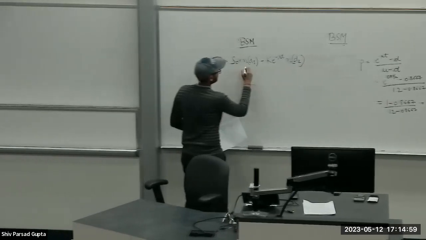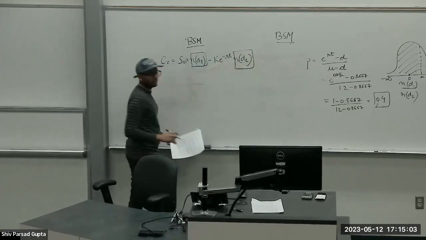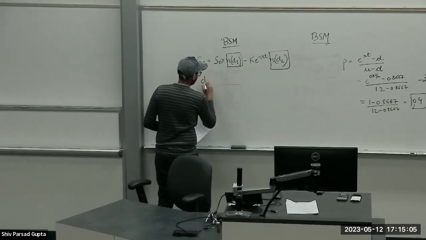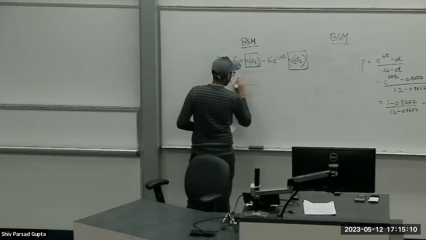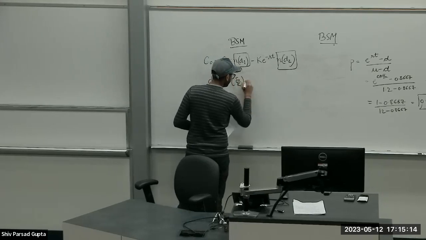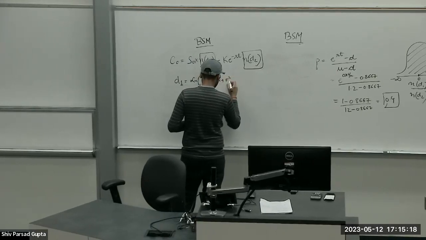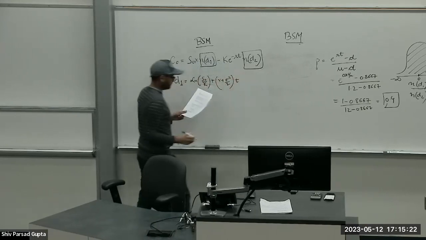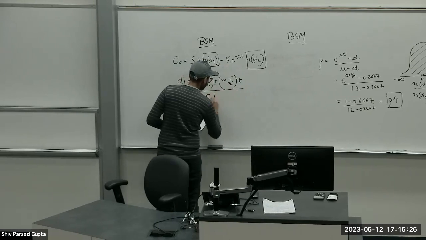And we have to actually calculate these values N(d1) and N(d2), right? So for calculation of d1, what is d1? We know that it is the logarithm of S naught upon K plus (R plus standard deviation squared divided by 2) multiplied by T, divided by volatility times root T.